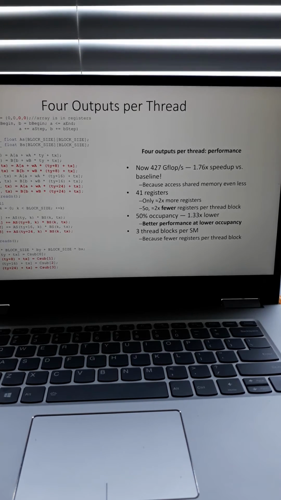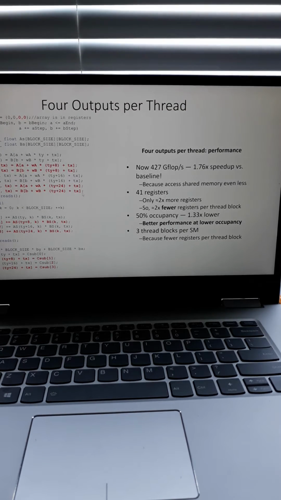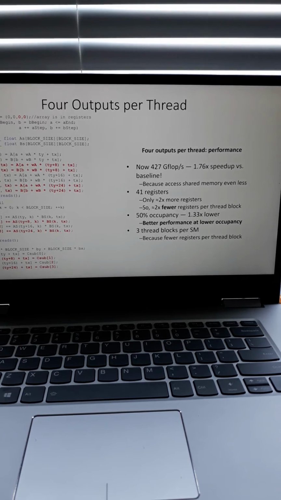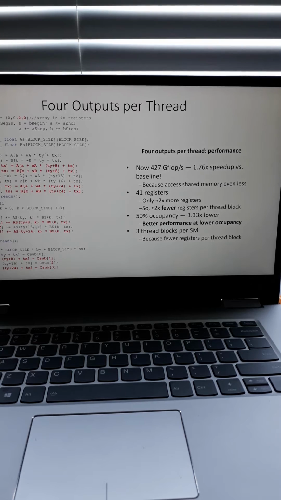Now let's take a look at when we want 4 outputs per thread. Here the number of data memory accesses per matrix has gone up to 4. The number of arithmetic instructions is 4 per thread, and the number of outputs is also 4.